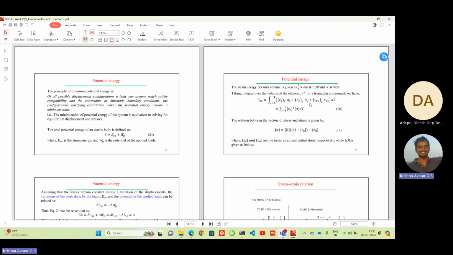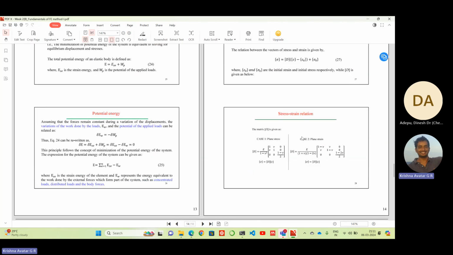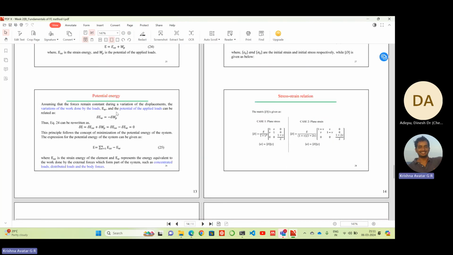We add the contribution due to various stress-strain combinations, and then we write the variations of work done by the loads, and the potential of the applied loads can be related as this. The principle follows the concept of minimizing the potential energy of the system. Then we have this stress-strain relation between all these.